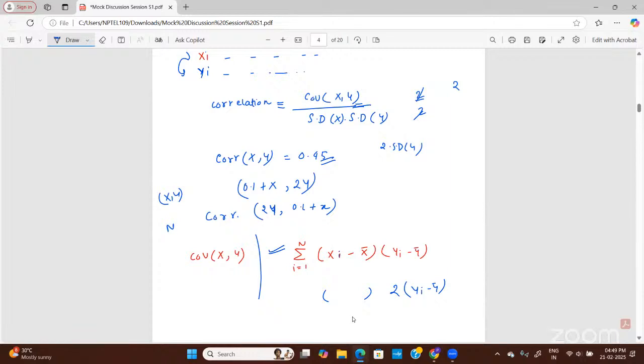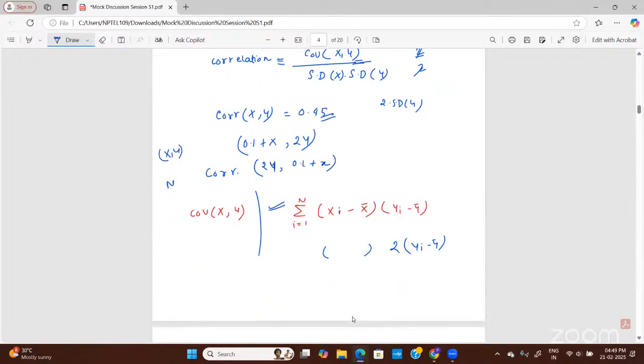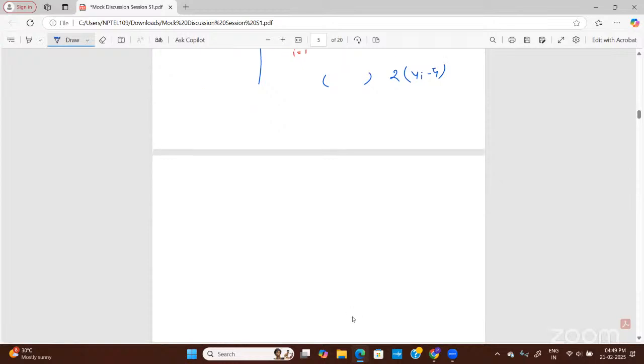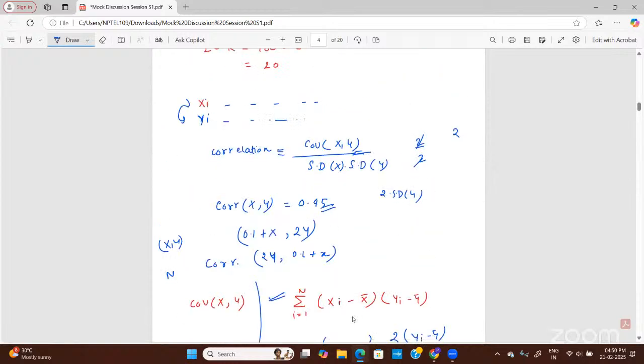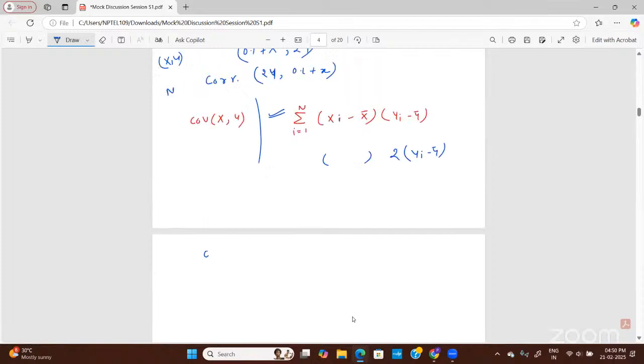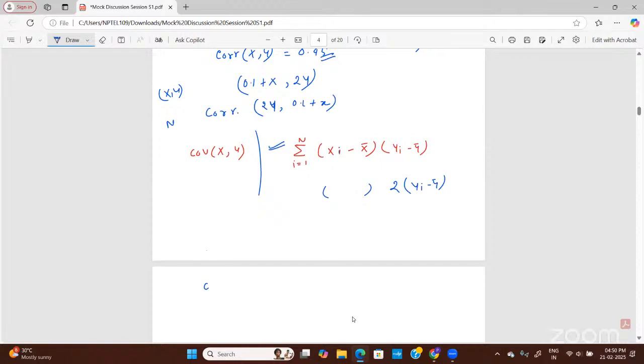Yes, so there is the formula. Here we have covariance of x and y divided by standard deviation of x and standard deviation of y. If you put the formula for these, some denominator parts cancel out. So the n will cancel out, and it will be like the numerator part of covariance and the numerator part of standard deviation or variance.